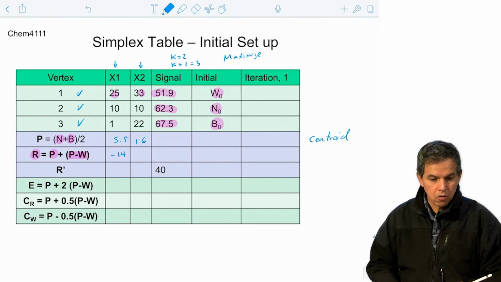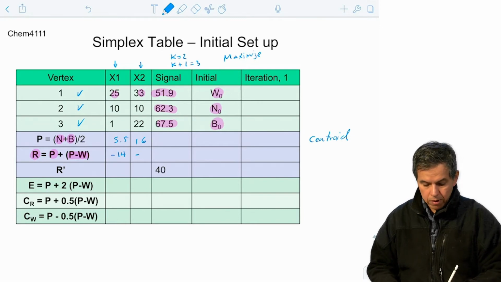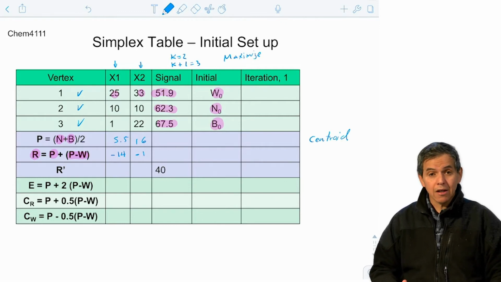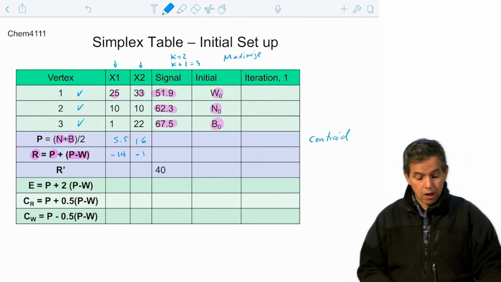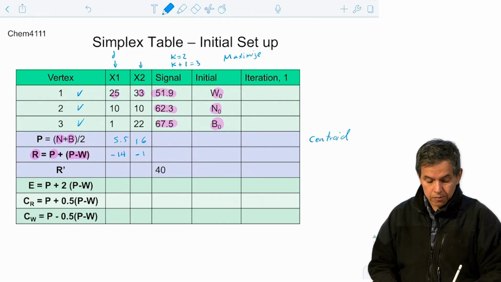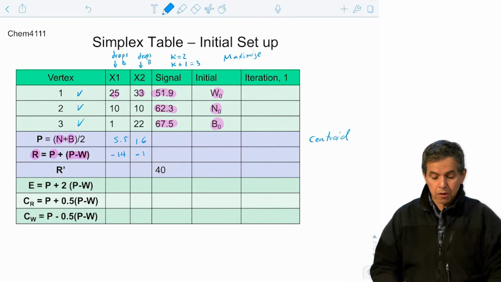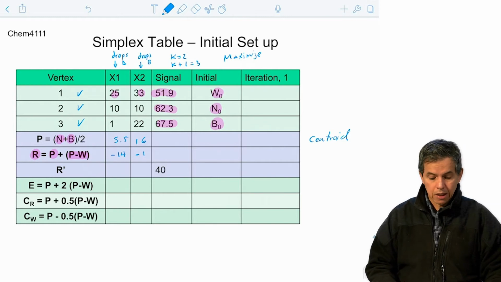And for x2, gives a total of minus 1. If we do a reality check, we know that x1 and x2 represent drops of solutions A and B, the 2 reagents that are part of this particular analytical example.